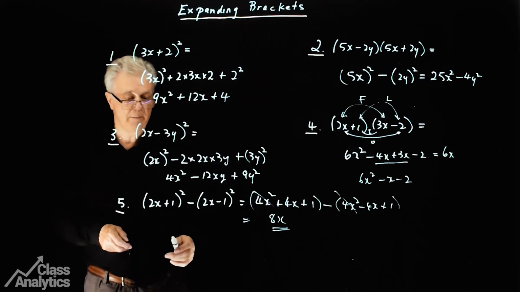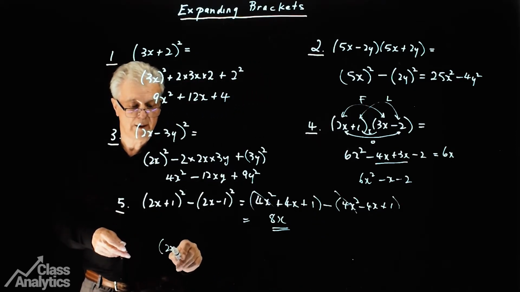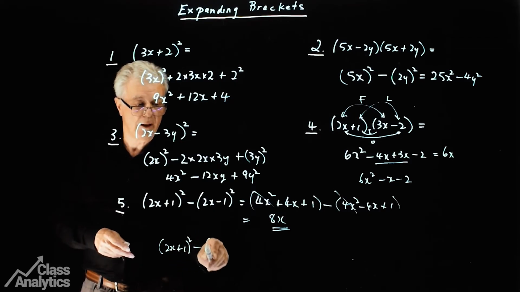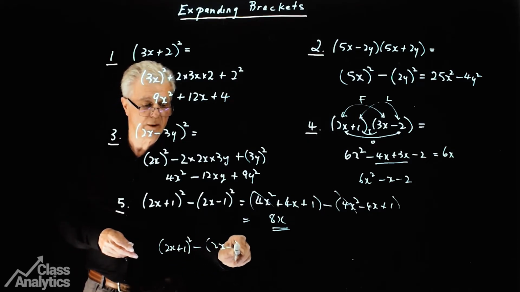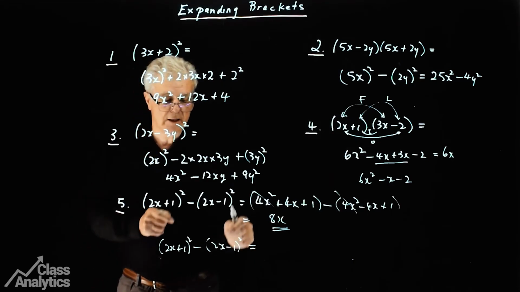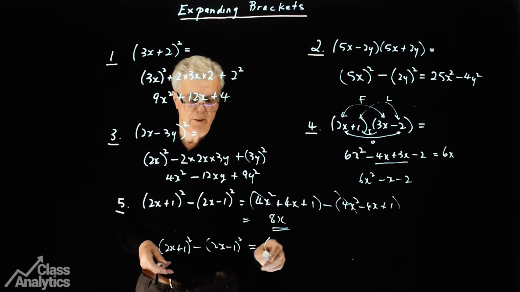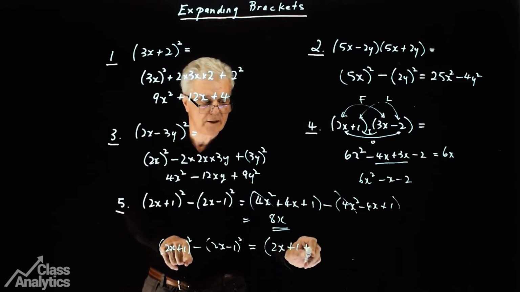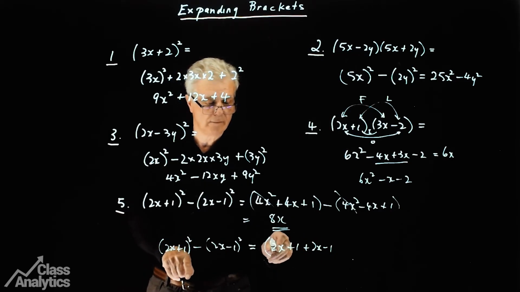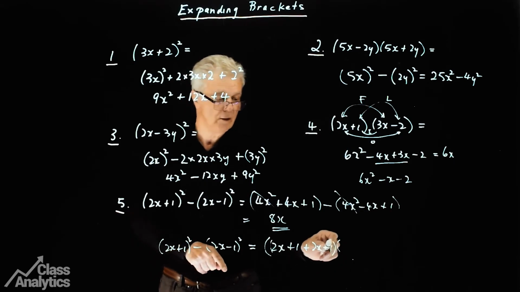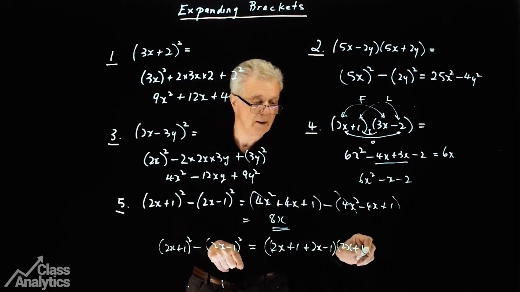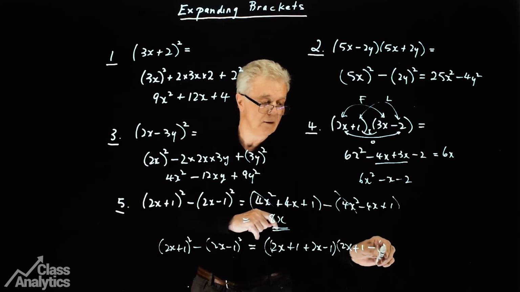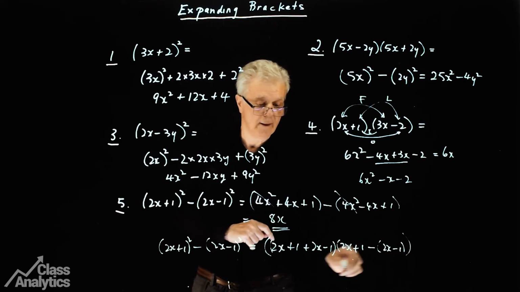The other technique is we go 2x plus 1 all squared minus 2x minus 1 all squared is equal to, this is the difference of two squares, so we could write that as 2x plus 1 plus 2x minus 1, times 2x plus 1 minus, then I put the bracket in, 2x minus 1.